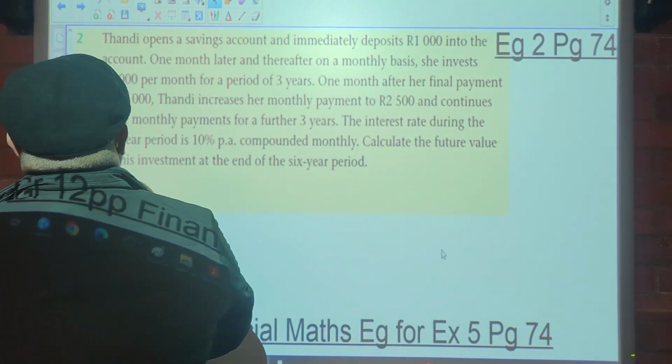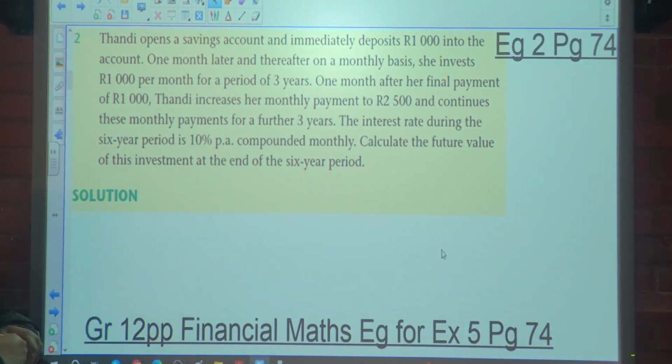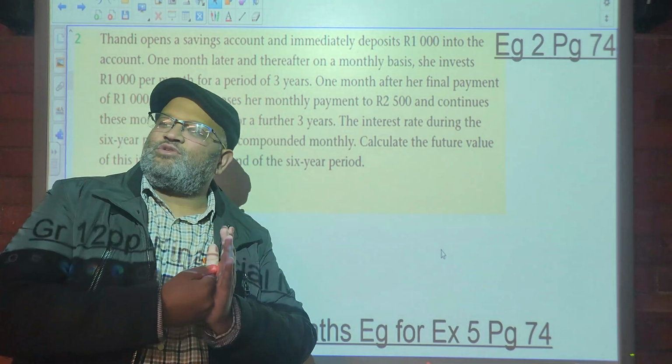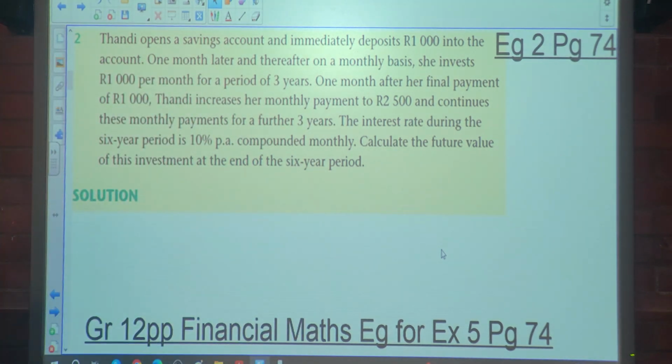So here we are told that Tande opens a savings account and immediately deposits 1,000 Rand. Now you see, Tande is catching on. Why? We must vary our formula, must change our formula. Immediately means to say we must add 1 to the exponent. Not so? He pays immediately 1,000 Rand into the account.